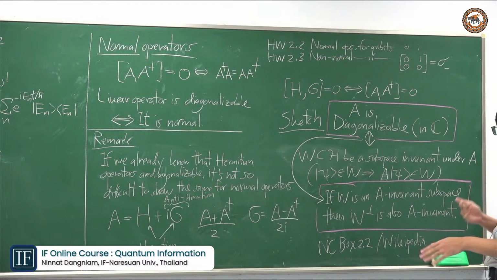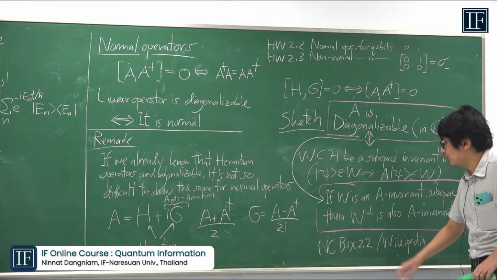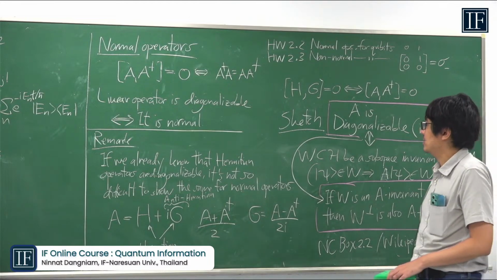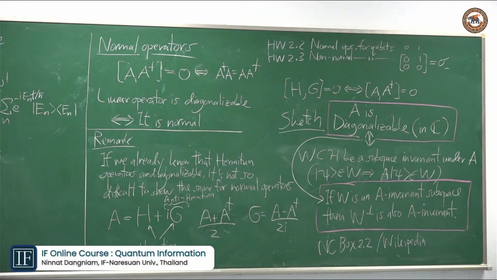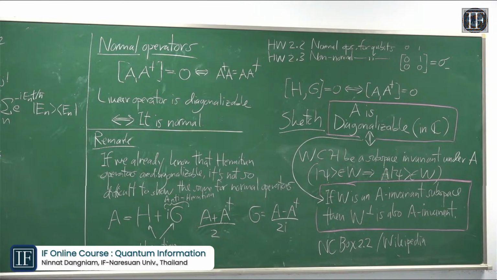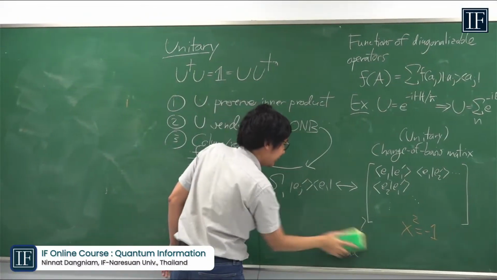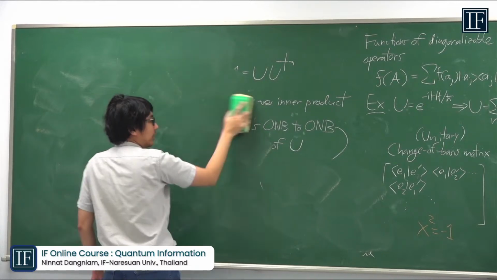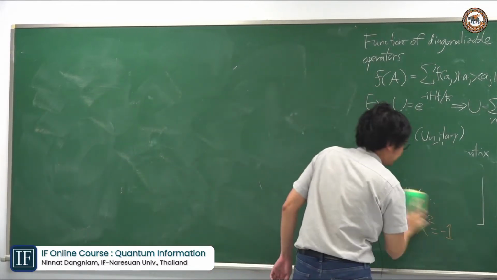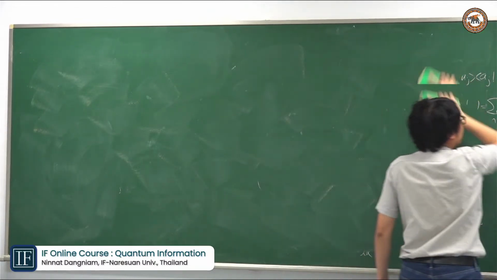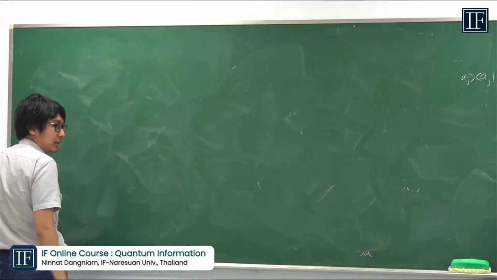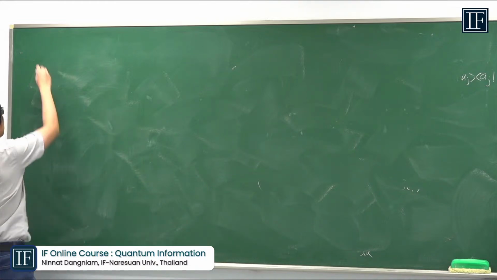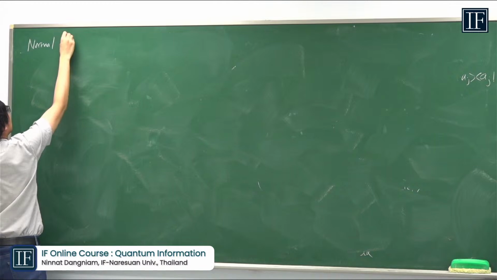Right. Good. So now if you believe that normal operators are the biggest class, then we can visualize other operators we have known so far as subclasses of normal operators. So normal is like a big set.